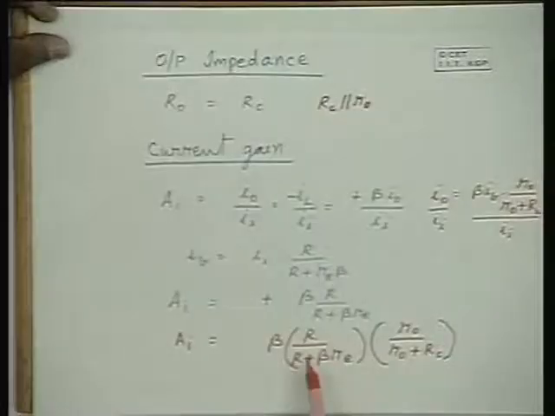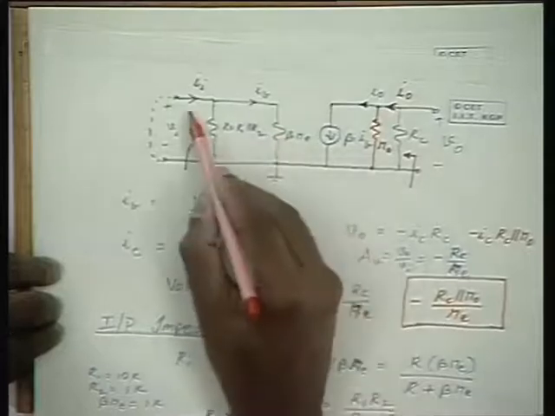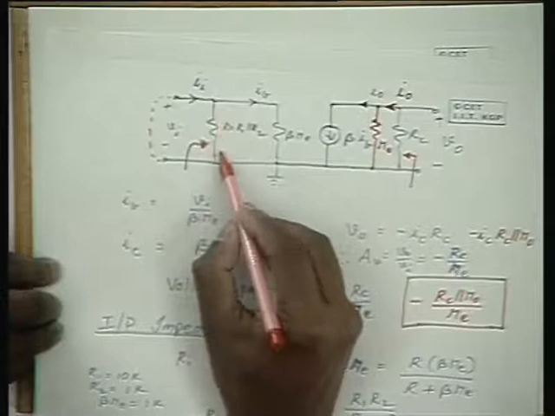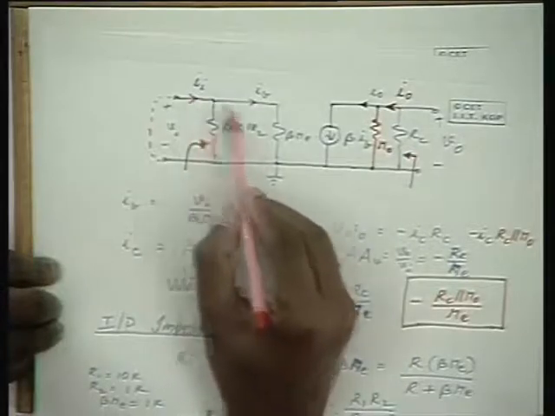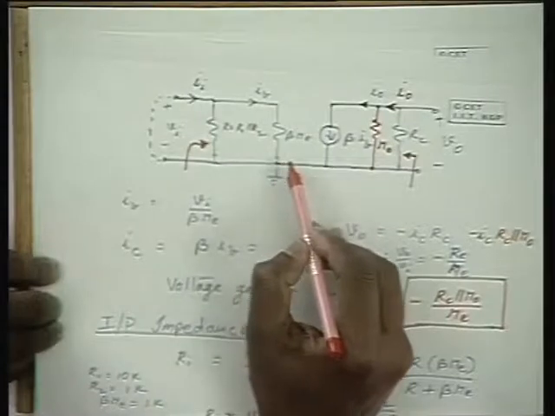Now, what is the typical expression here? Let us find an approximate expression. When R is much larger than beta RE, we can neglect the part of the current that flows through this, and we can assume that the input current is equivalent to the current through the transistor itself.